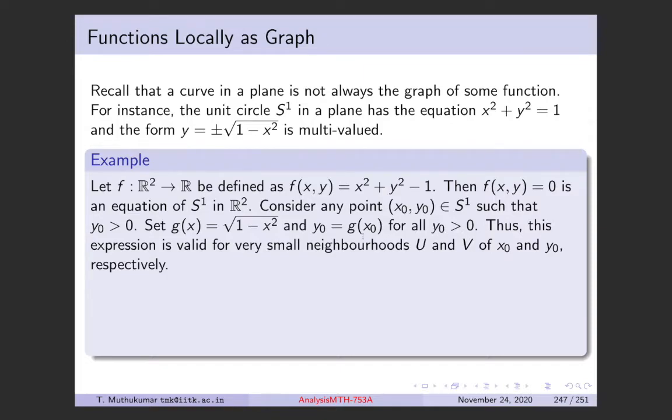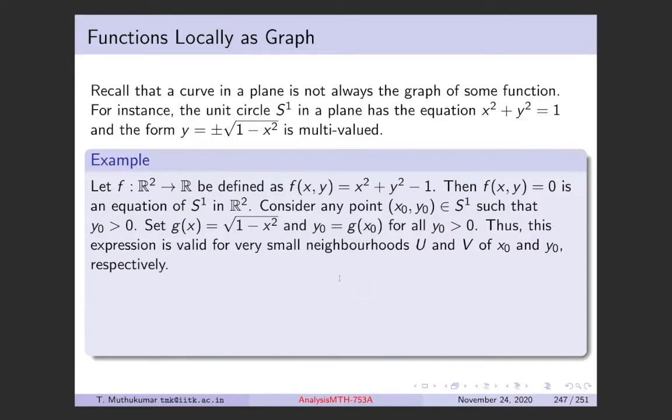So locally, once you fix this point x0 and y0, in the upper half plane this g actually denotes the circle on the upper half plane. So it can be expressed as the graph of the function g, the upper half plane part of the circle.